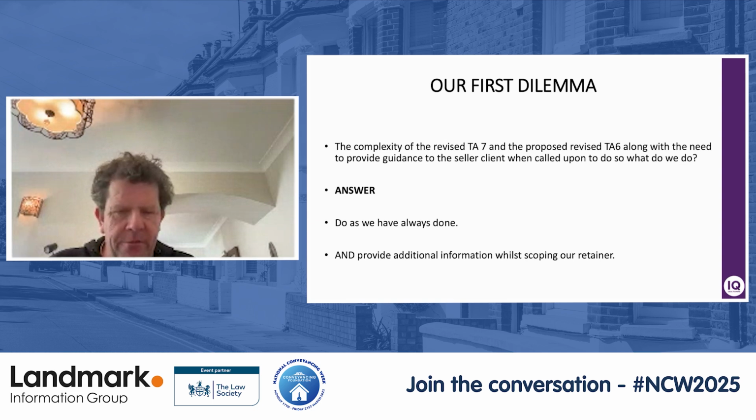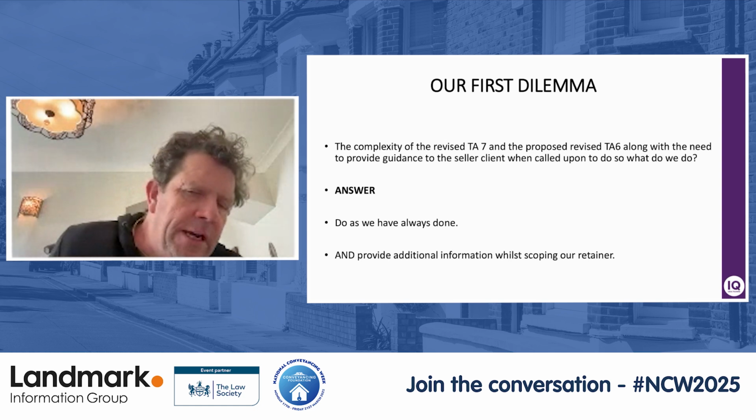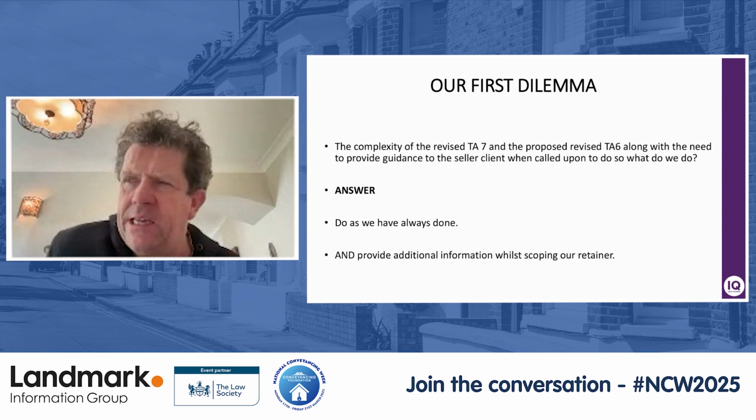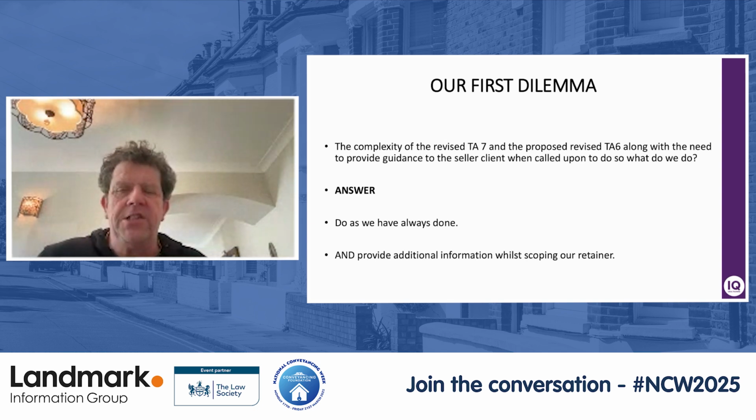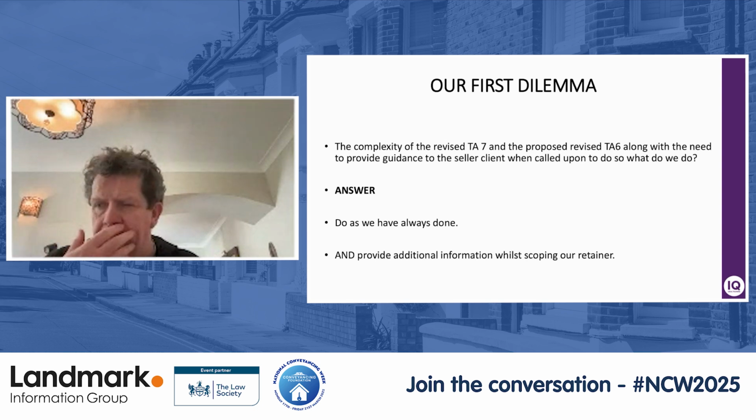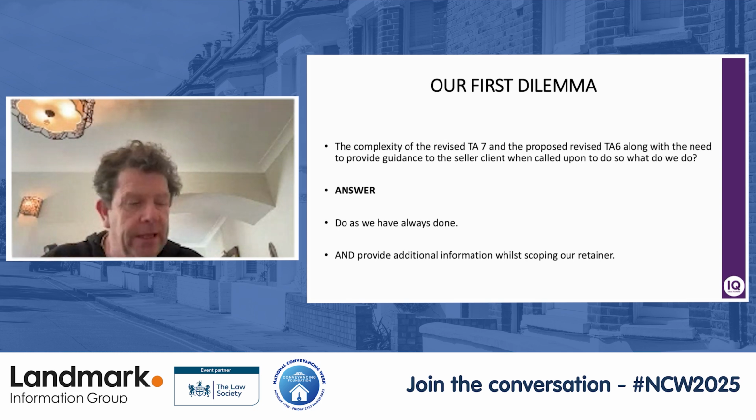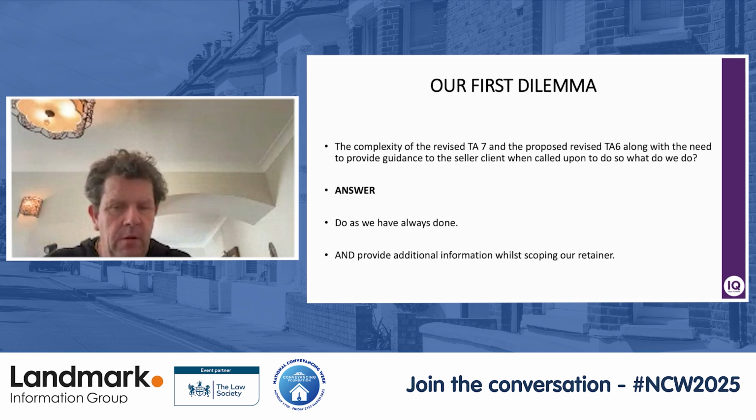Provide additional information while scoping our retainer to enable the client to answer the questions without seeking guidance or assistance from us. So one of my objections to the revised TA6 is that the TA6 says the client should complete the forms in isolation, but then states in certain questions that if the client can't answer the question, then they should seek guidance from you with regard to their responses.